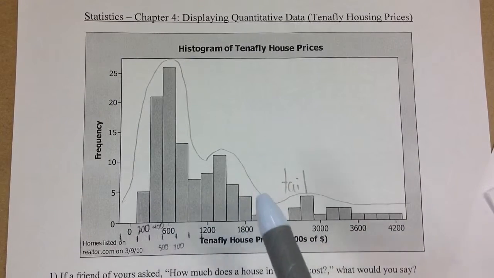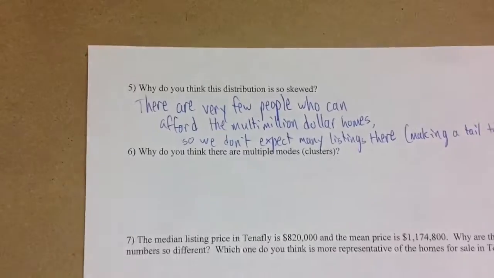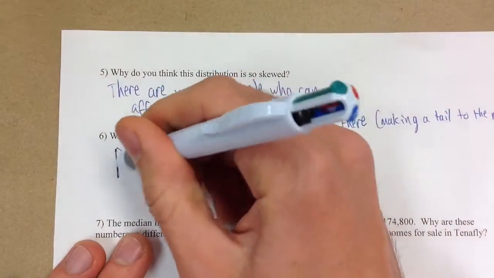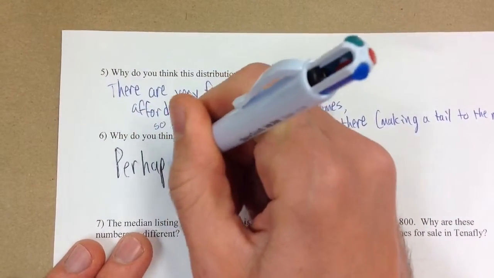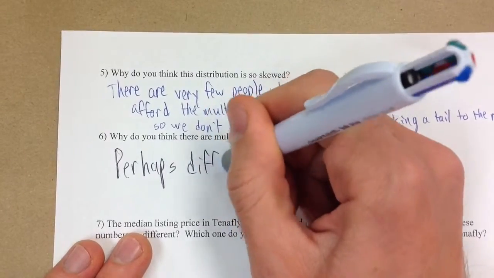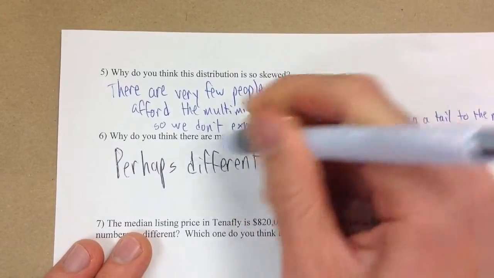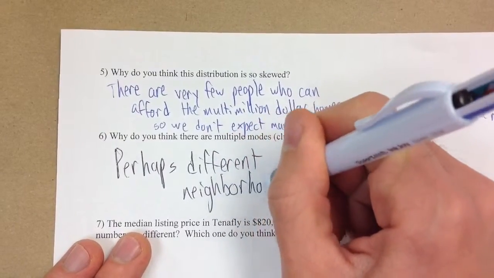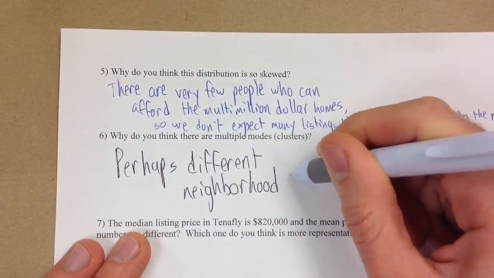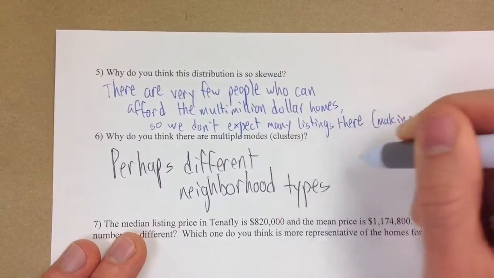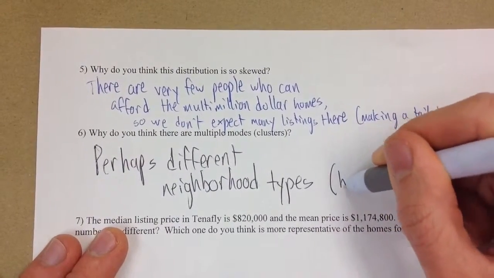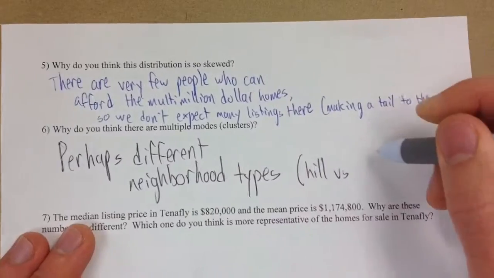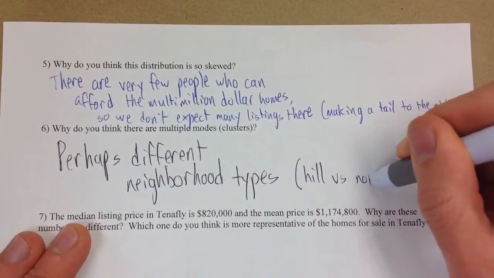We look at a graph, we look at statistics, then we do detective work based on what we see. Hill versus non-hill.